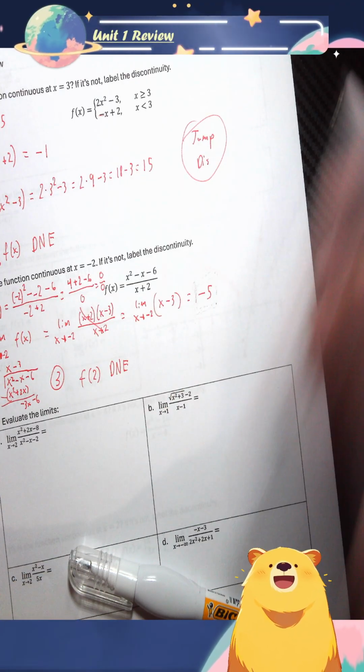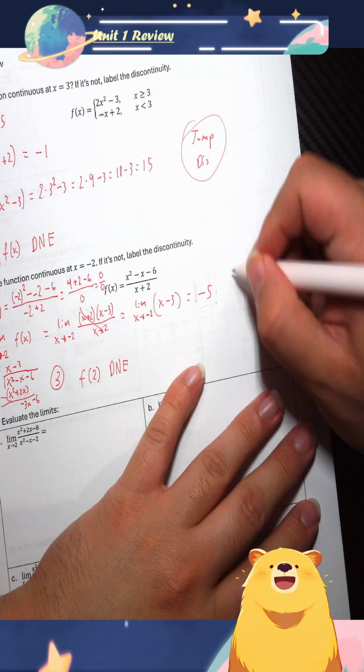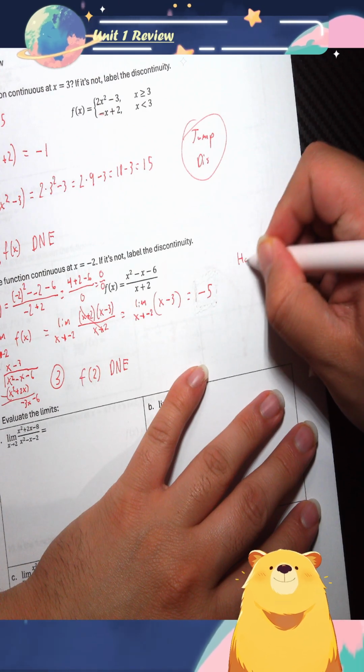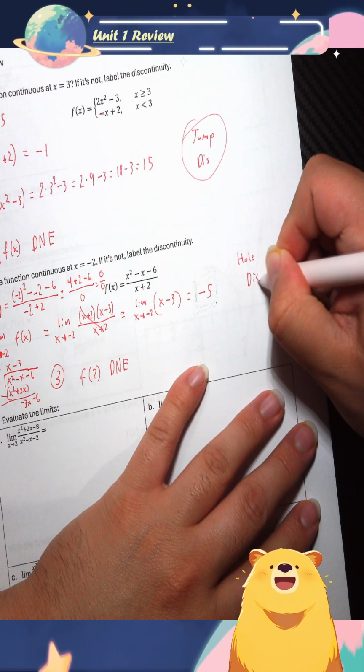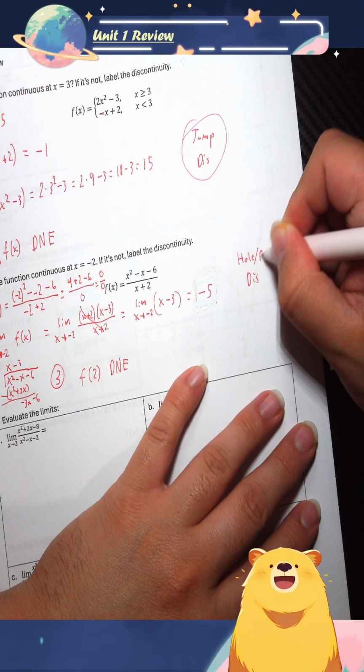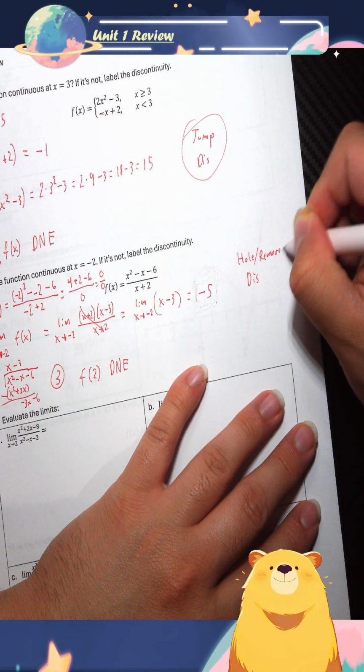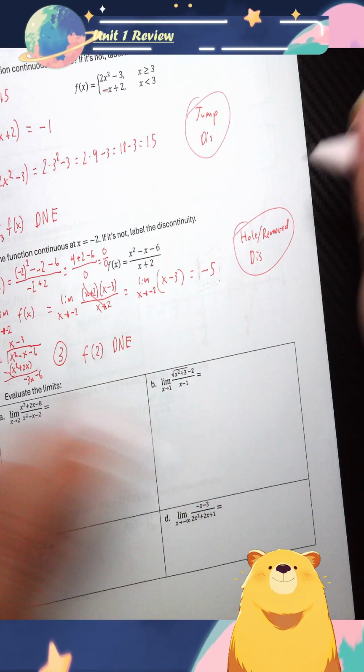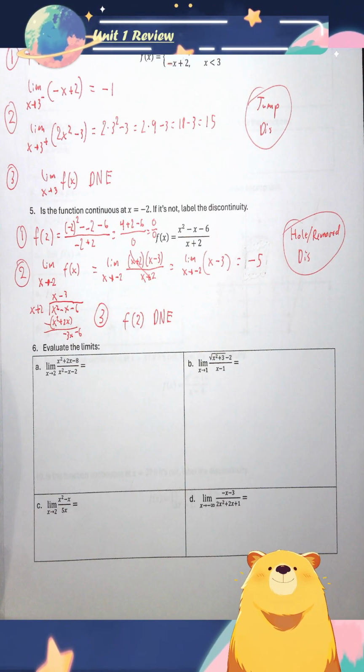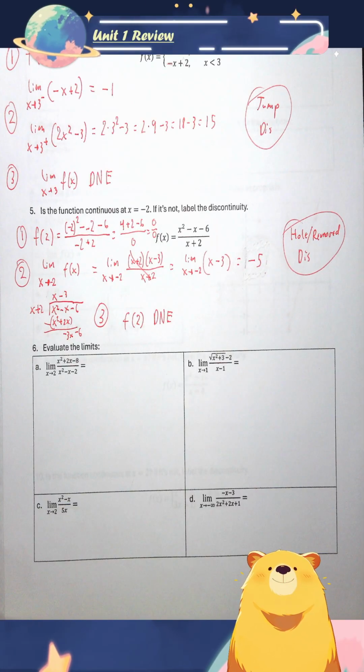So what kind of discontinuity is happening here? Well, it's just a hole discontinuity, or a removable discontinuity. All right, and that's it for that one.